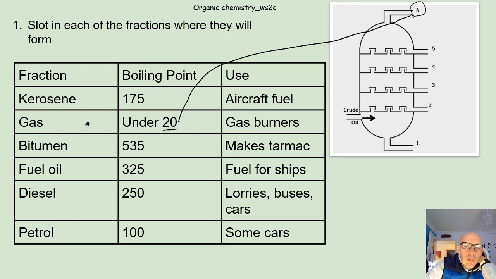Then the next one down, petrol, I'll be matching that up with number 5. Then number 4, the next one down, I'll be matching up with kerosene. Then number 3, the next one down, I'll be matching up with diesel. Then number 2, I'll be matching up with fuel oil. And bitumen, I'll be matching up with number 1 at the bottom, the longest chains. Okay, brilliant.